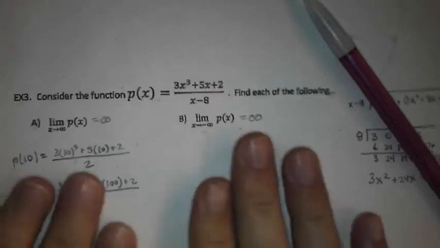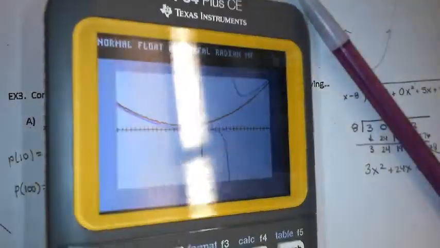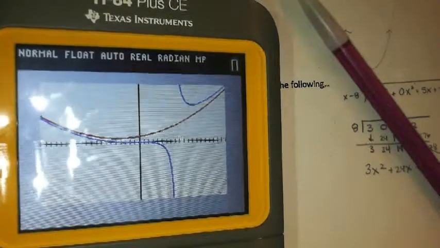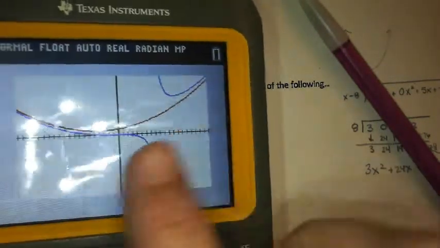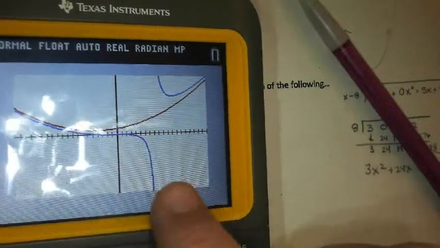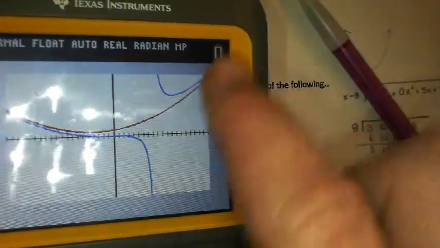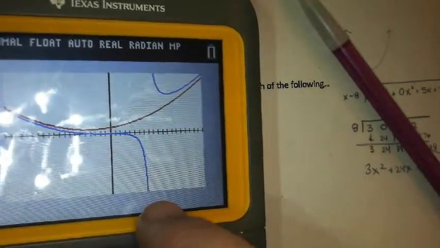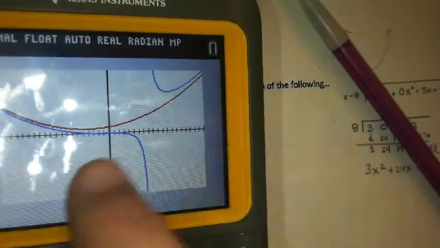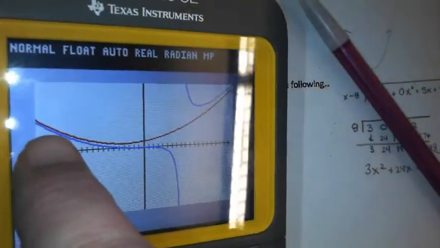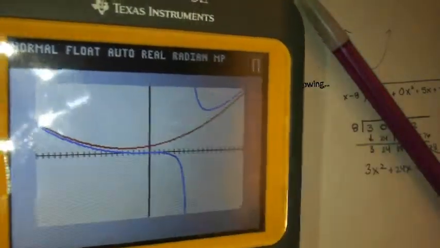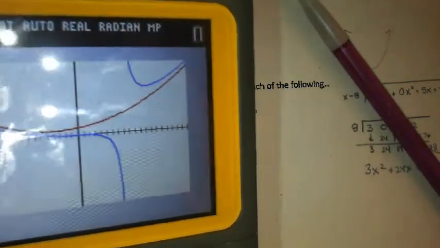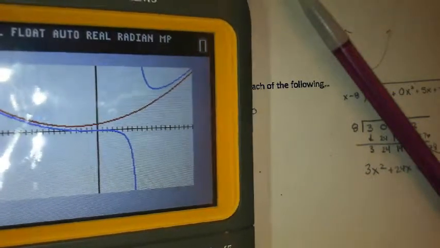We are correct, and here I've gotten to the bottom of why our graph wasn't showing it, because our window wasn't accurate. But now that you see it, there's the blue original graph jumping on either side of the asymptote at 8, and then the red is our asymptote that we're getting closer and closer to as we approach negative infinity, and closer and closer to as we approach positive infinity. They're both positive infinities. Does that make sense?